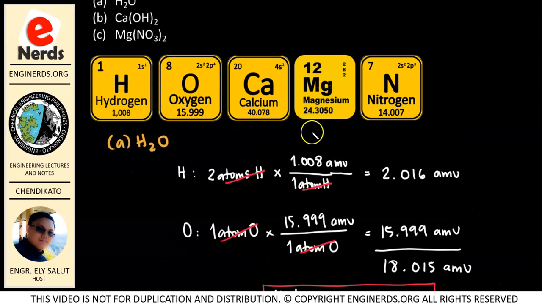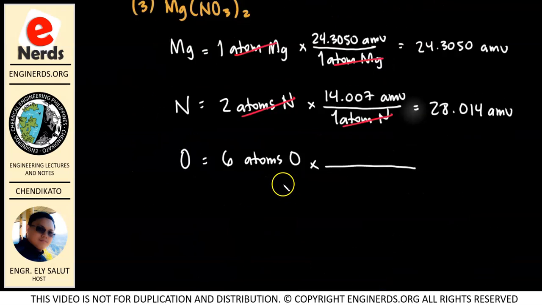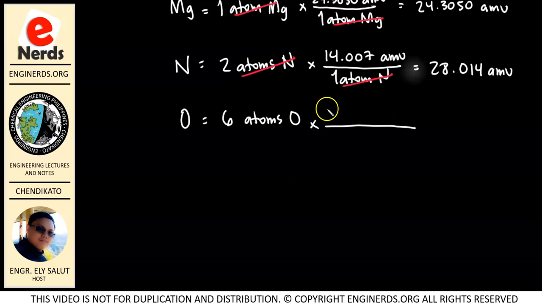Right, so for oxygen, again, we'll look at our periodic table. For every 1 atom of oxygen, we have 15.999 atomic mass unit. So, again, our unit for atoms of oxygen will be cancelled out. So, now we need to multiply 15.999 to 6.